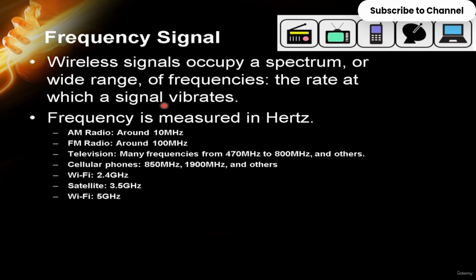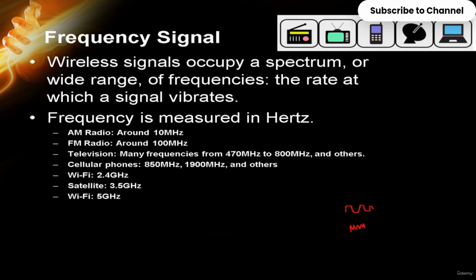If the signal vibrates very slowly, we say it is a very low frequency. If the signal vibrates very quickly, we say it is a high frequency. Based on the vibration, signals are classified as low frequency or high frequency signals.